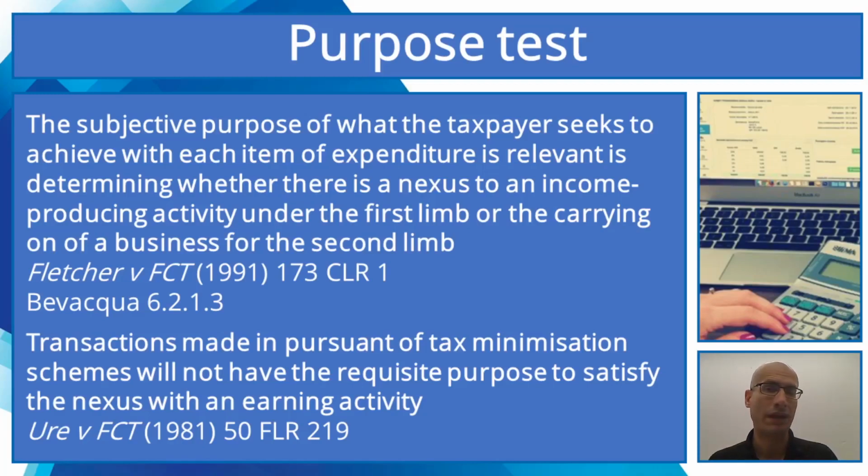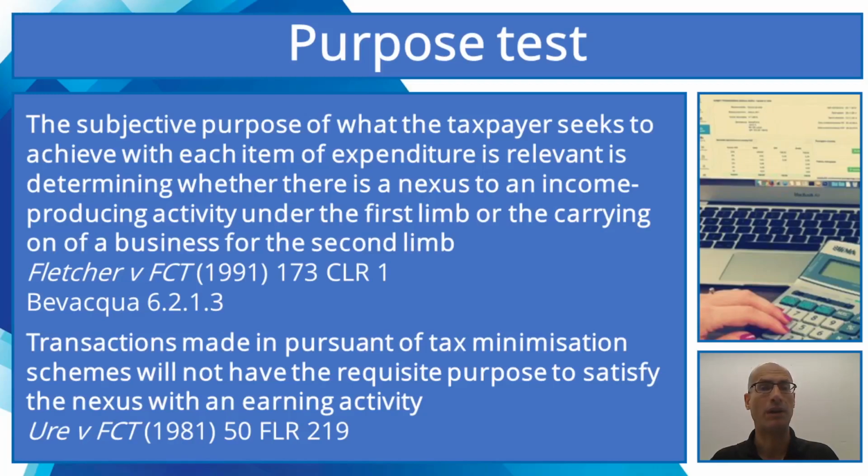Was it truly to derive some form of income, or is it necessarily incurred in the carrying on of a business, or instead was it fundamentally for another purpose? And usually in most situations, that purpose is to minimize tax liability.